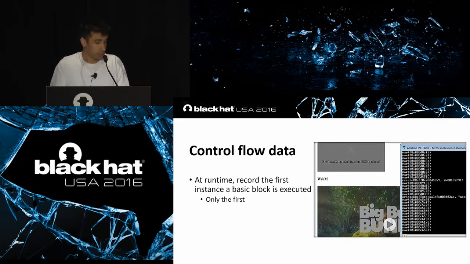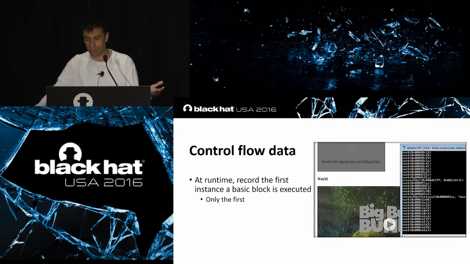Now at runtime, this is kind of key here. The first time a basic block executes, we save that, but only the first time. If you tried to save every basic block every time it executed, you'd end up with an enormous amount of data, and I doubt it would be very useful.